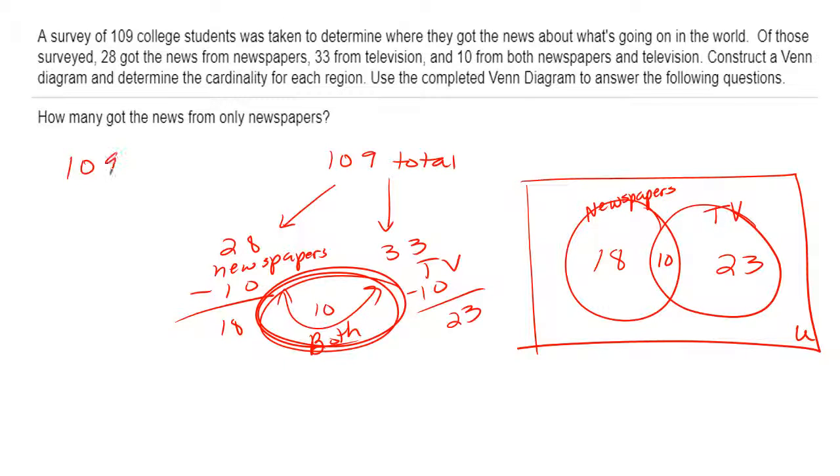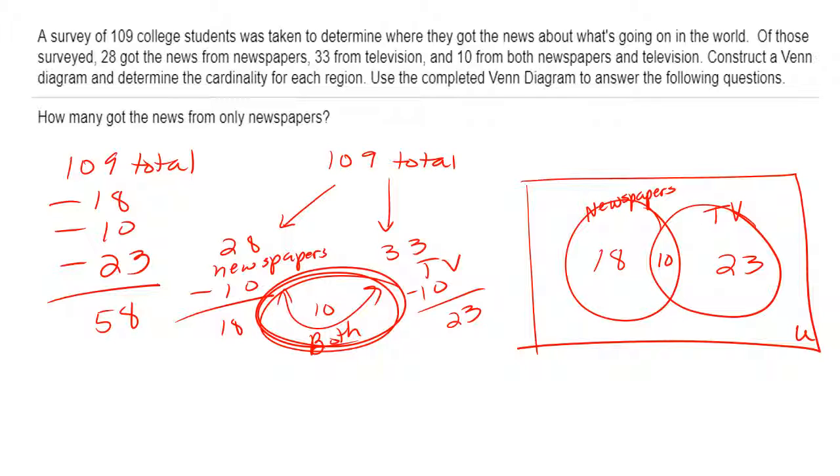If I take my 109 total and I subtract out the 18 newspaper only, the 10 who were newspapers and TV, and the 23 TV only people, let me do that quickly on my calculator, I will get 58.